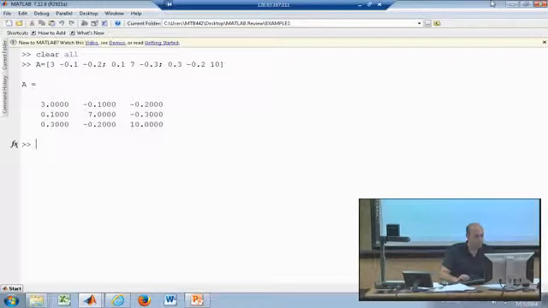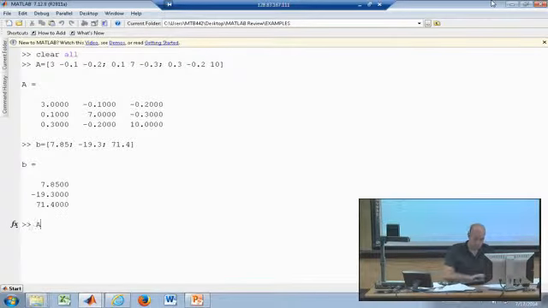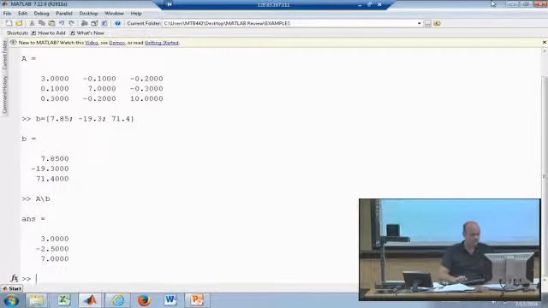I think this is the same matrix we had in my hand example. I said B is equal to 7.85, and so on. The correct answer is 3, minus 2.5, 7, and I use that backslash operator because I know that's MATLAB's really fast and fancy way of solving systems of equations.